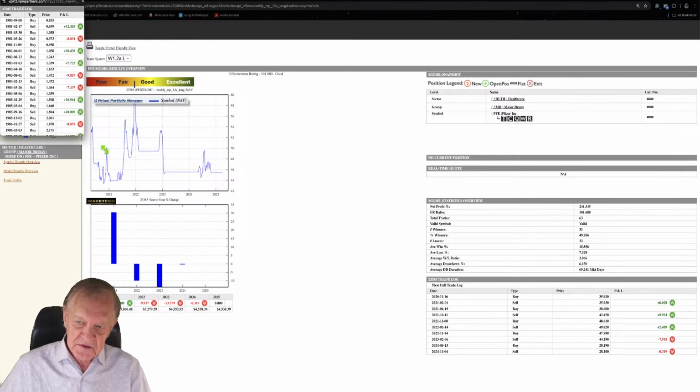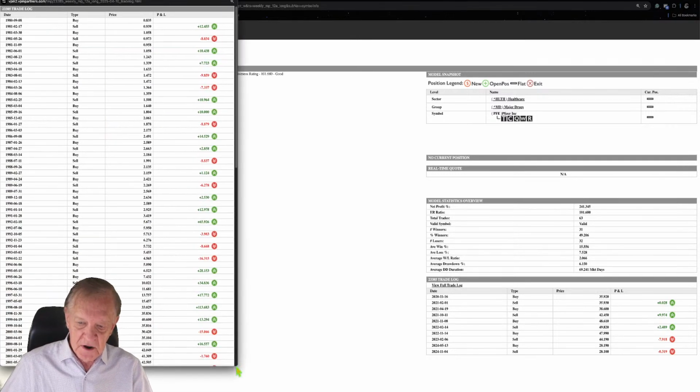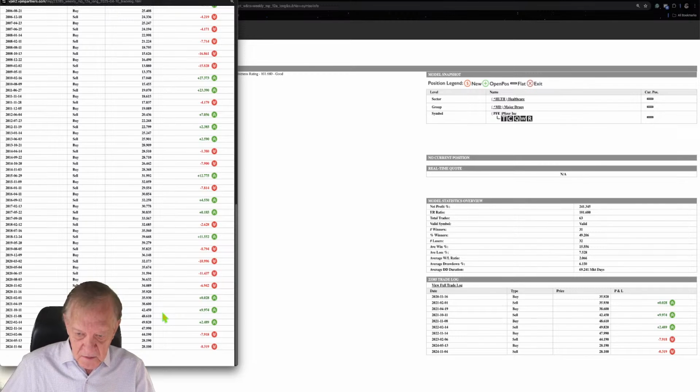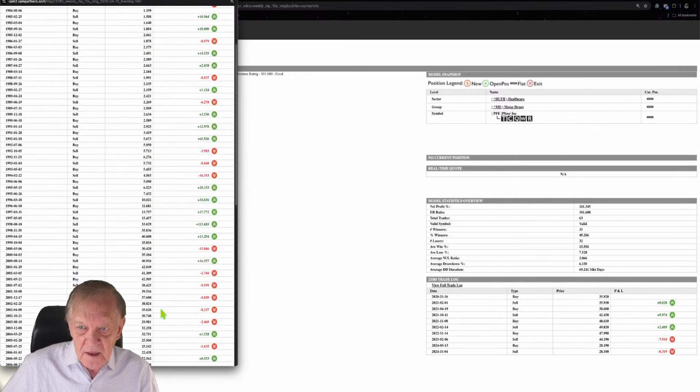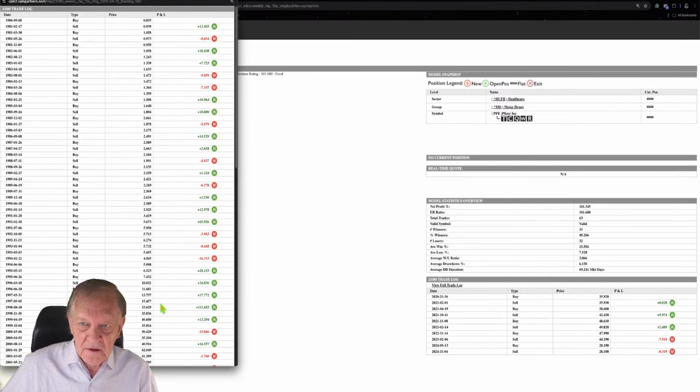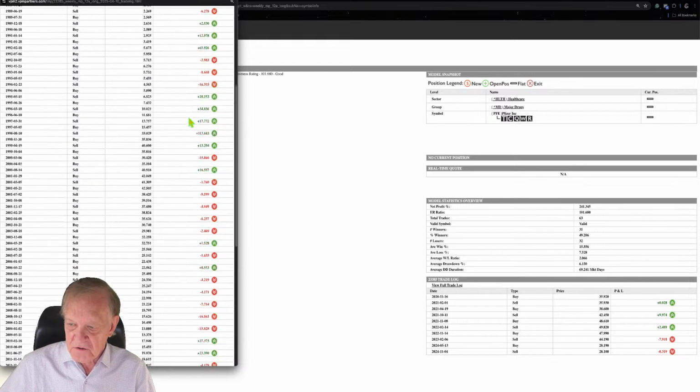This gives us a history of every trade done all the way back to 1980. So this is every trade.